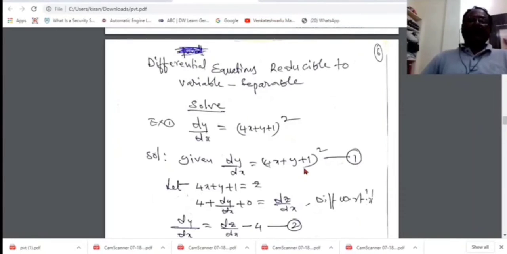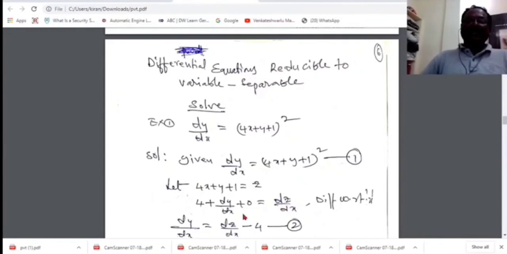Now substitution: let 4x plus y plus 1 is equal to z. Now differentiating with respect to x on both sides. 4x derivative with respect to x is 4, plus y derivative dy by dx, plus 1 derivative 0, equal to z derivative dz by dx.